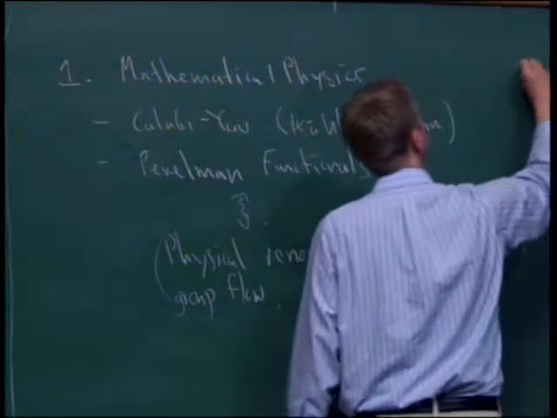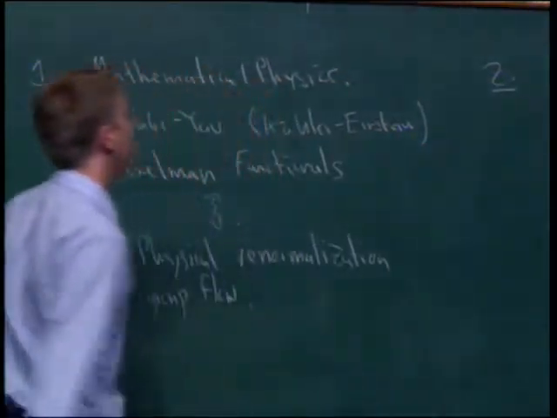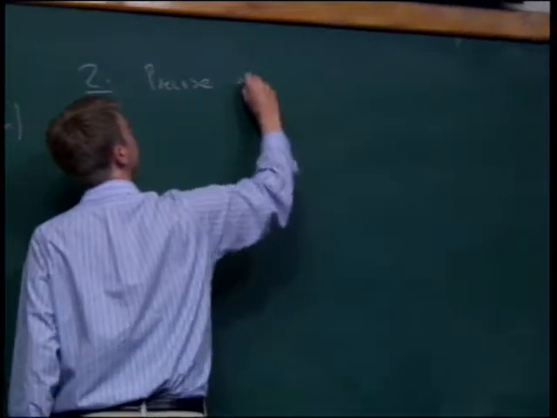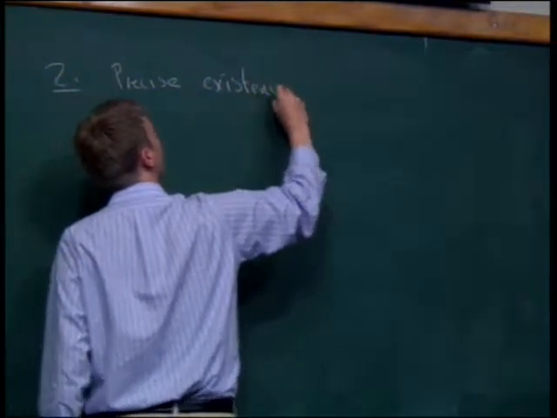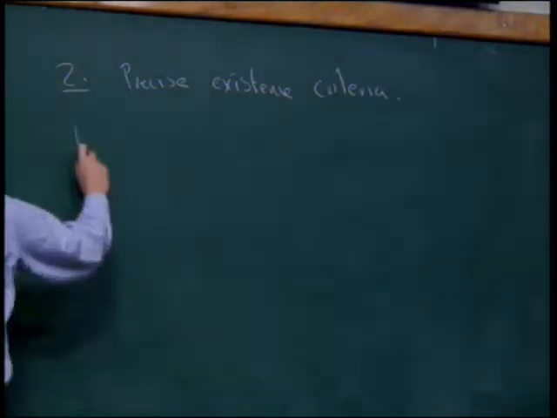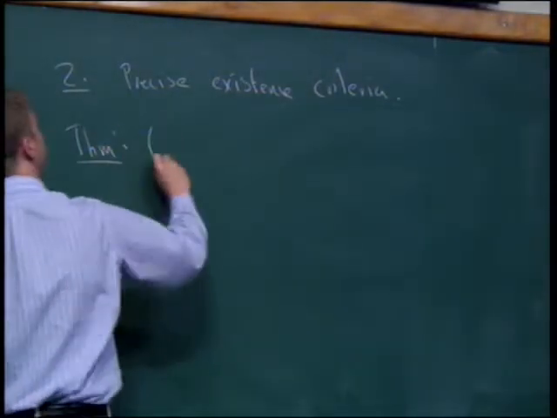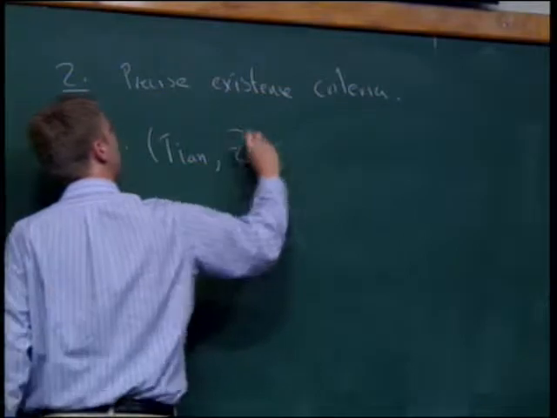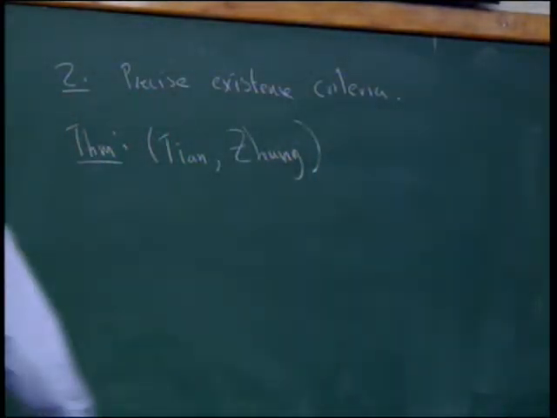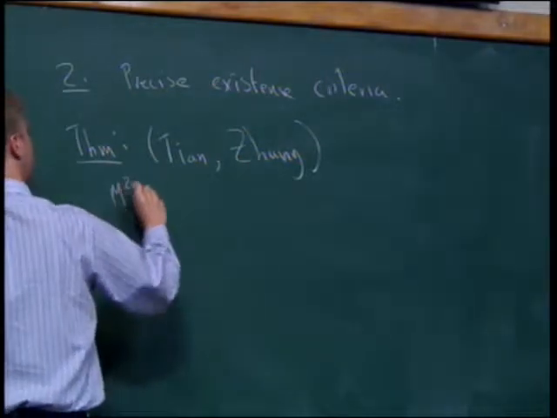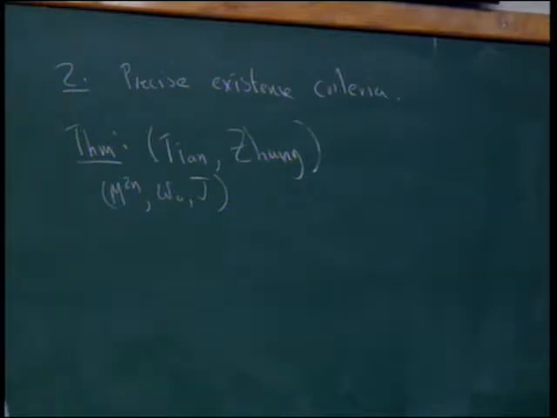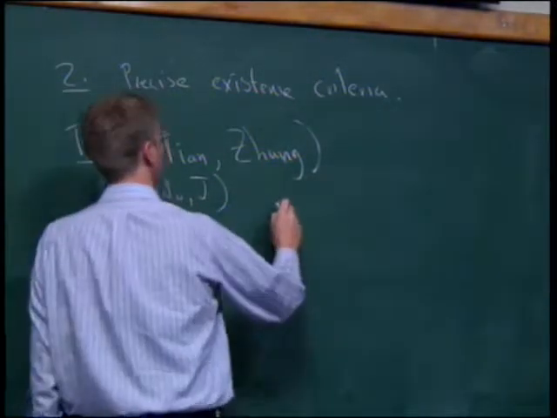The second fantastic part of Kähler-Ricci flow is that there's a very precise existence criteria. And this is the following theorem of Tian and Zhang, which goes like this. So I start with a given Kähler manifold. And I guess I'll write the Kähler form maybe instead of the metric.